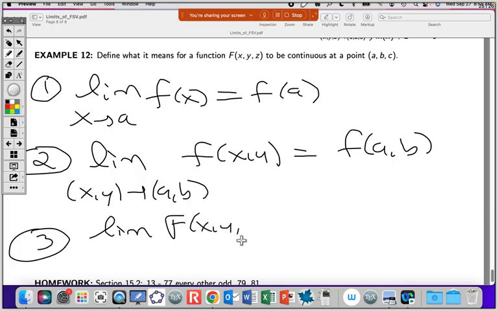All we would do is instead of having f of xy, we'd have f of xyz. Instead of xy approaching AB, we'd have xyz approaching ABC. And then you tell me, what should this equal if we're continuous? F of ABC.